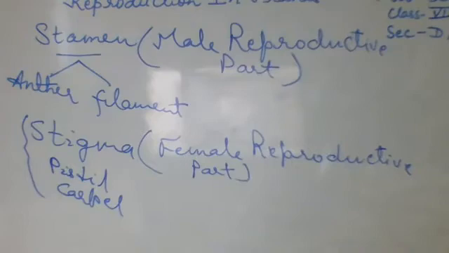A pollen tube helps to reach the ovule, and then the male and female reproductive cells called gametes fuse to form a zygote. This process of fusion of the male and female gametes is called fertilization.